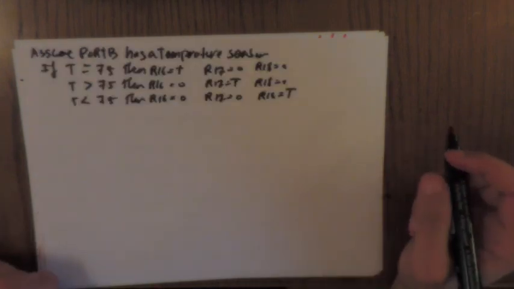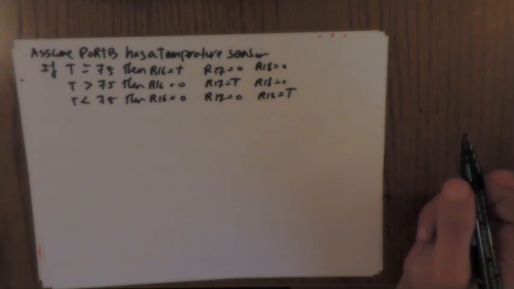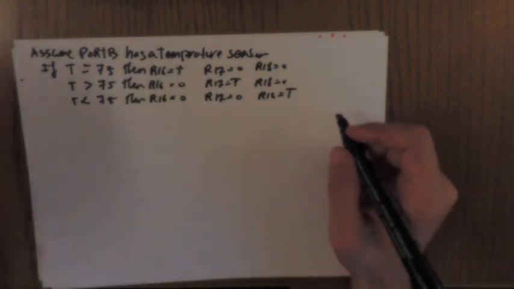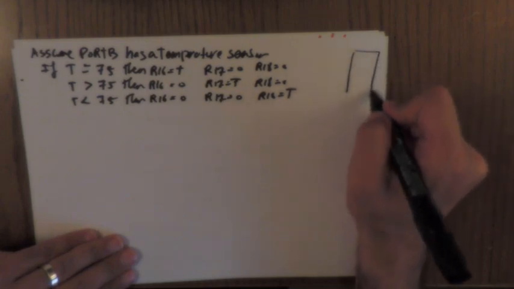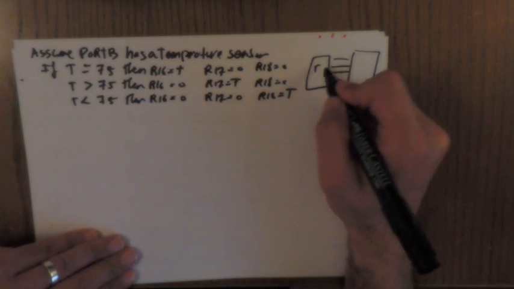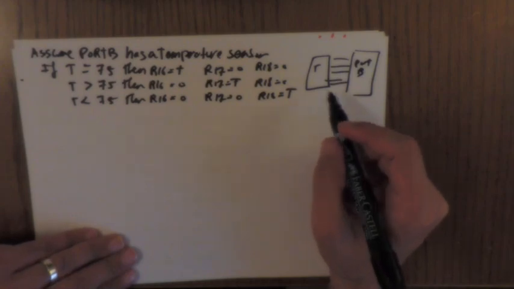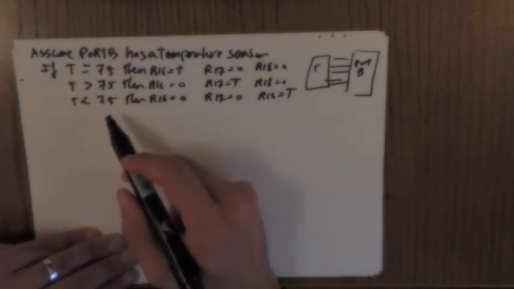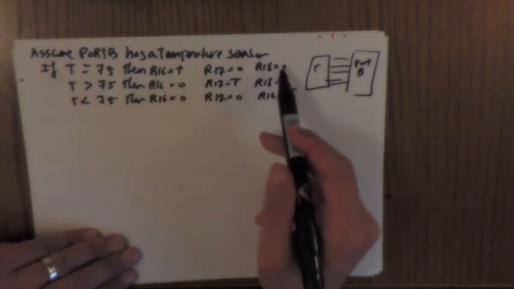Okay. Let me give an example about using branch instructions. Assume I have a temperature sensor that's connected to port B. So let's say this is the microcontroller. I have on port B a temperature sensor that's giving me T. Now I'm going to read this temperature and compare it with 75. If it's equal to 75, R16 will have the temperature and everything else will be 0.